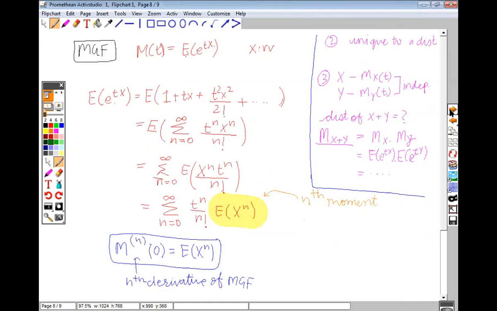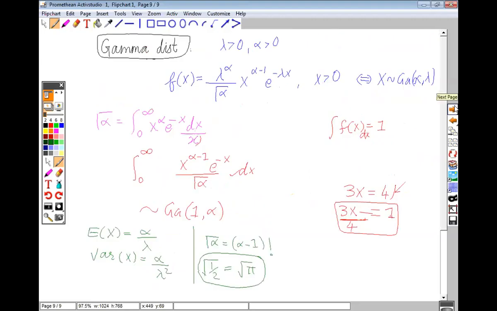Moment generating functions. Right. And what is the main property of MGF? That it is unique to a distribution. Right. And its formula is expectation of e raised to tx. Very important.